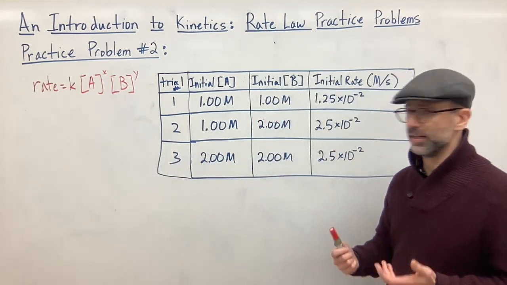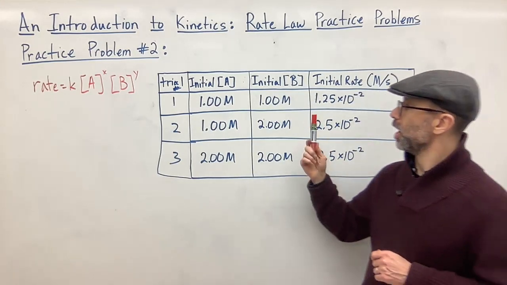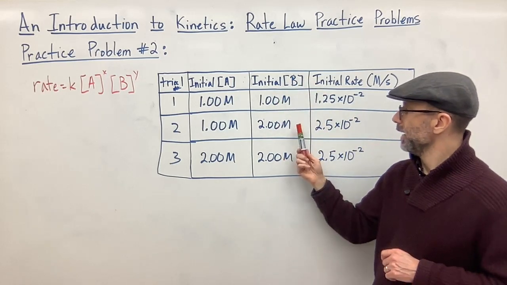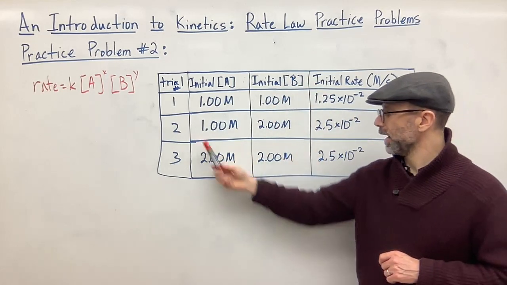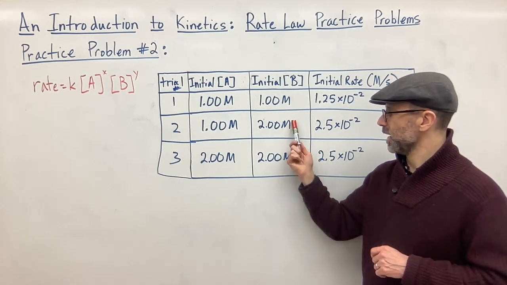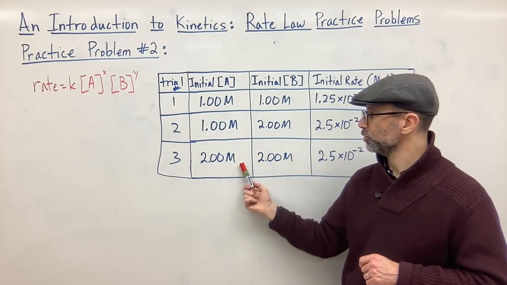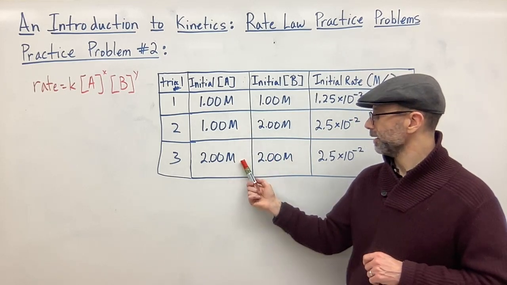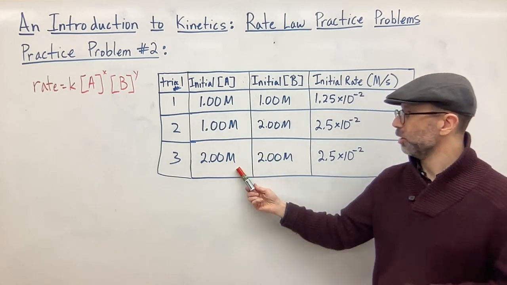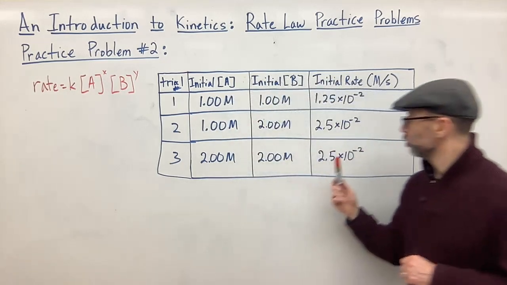So let's look at A first. Here we want to keep B constant. If we look at trials 2 and 3, we see the concentration is constant for B, but we notice that the concentration doubles for A. So we'll put a 2 in for A, but look at the rate here.